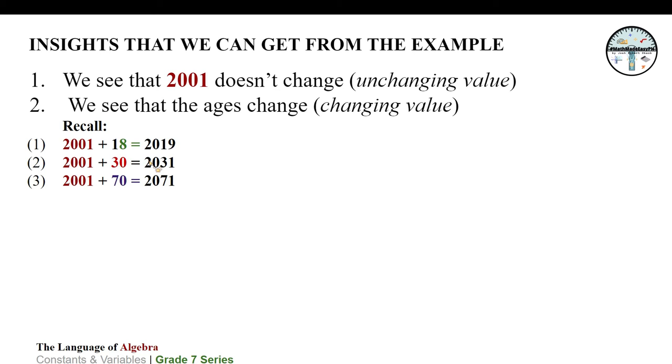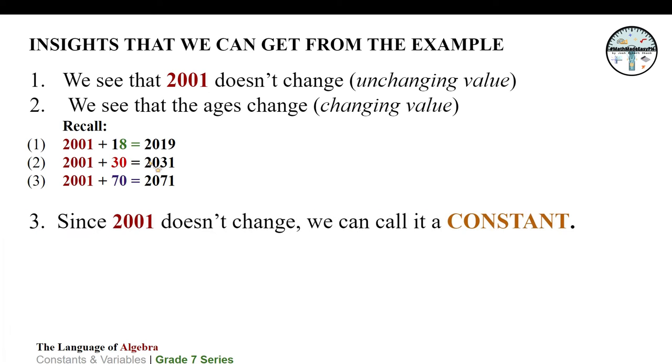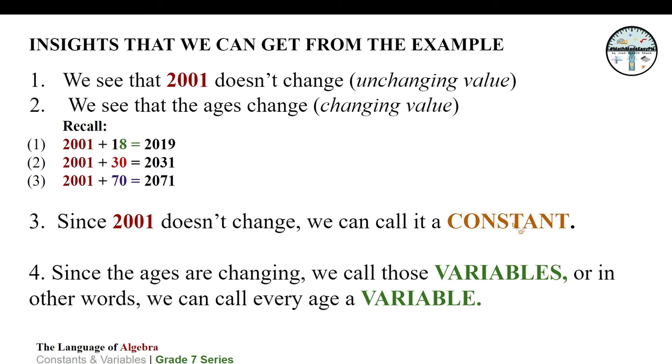So what does this mean? Since 2001 doesn't change, we can call it a constant. Remember guys, any value that doesn't change in any situation, we call a constant. Number four, since the ages are changing, we call those variables, or in other words, we can call every age a variable.